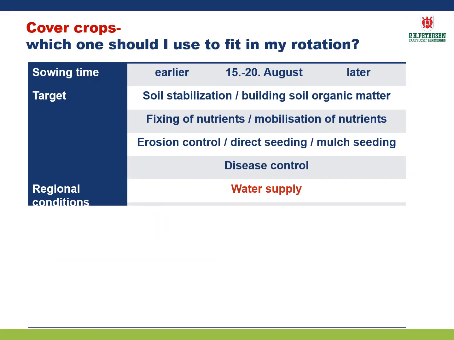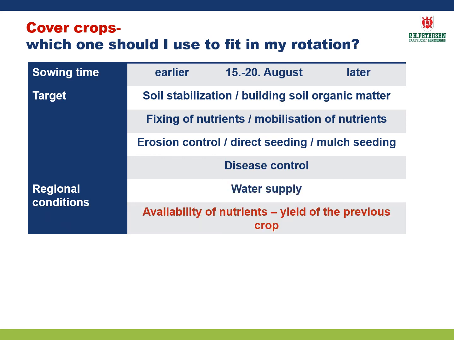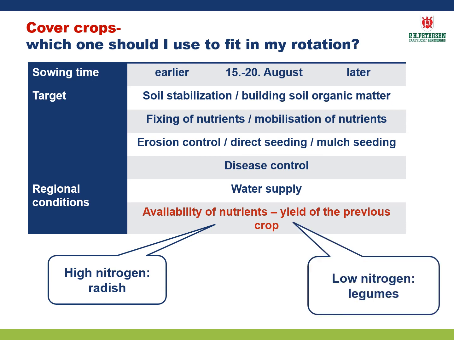For water supply, in some areas you have less water. In dry conditions, mustard, phacelia, Saia oat and linseed are better. Availability of nutrients and the yield of the previous crop: high nitrogen can be captured by radish. Low nitrogen, then you need legumes within your cover crop.